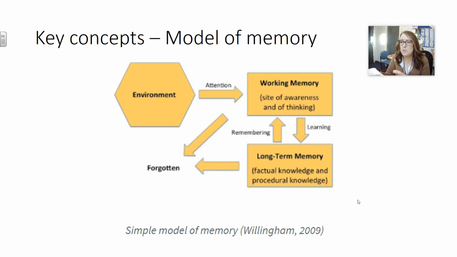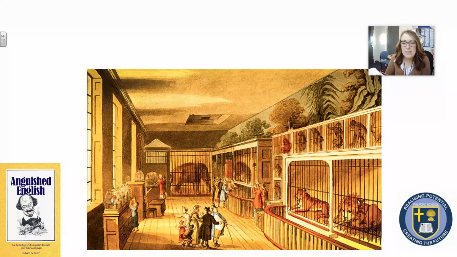So there are lots of links with tonight's session, and one of those links is that Willingham's model of memory is crucial for understanding the types of knowledge that we're going to cover. Willingham's paper is the paper that we're going to focus on later, that he wrote in 2002, and subsequently he's built up this simple model of working memory and long-term memory, seeing the environmental factors that play into that for students.